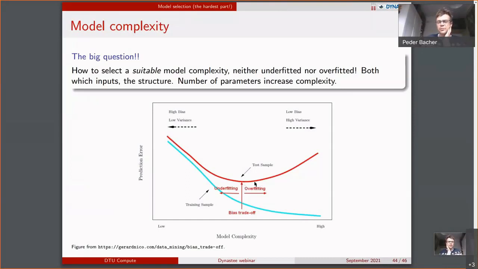When we do that, the prediction error on the test data will start increasing. What we want to find is this point where it starts to become worse at predicting on the test data. So that's the bias-variance trade-off. We want to find this point, and we can do that in different ways.